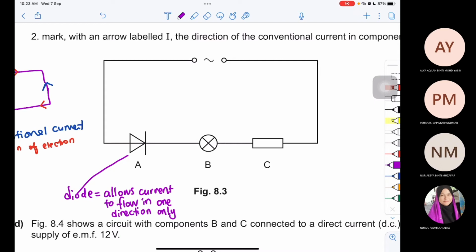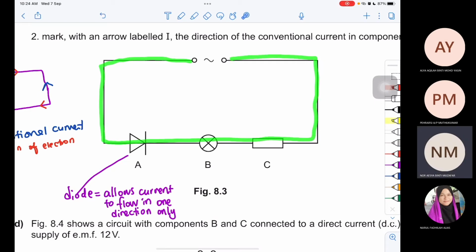So if it allows current to flow in one direction only, so this is the current. Okay, so what is that current? That is the conventional current.